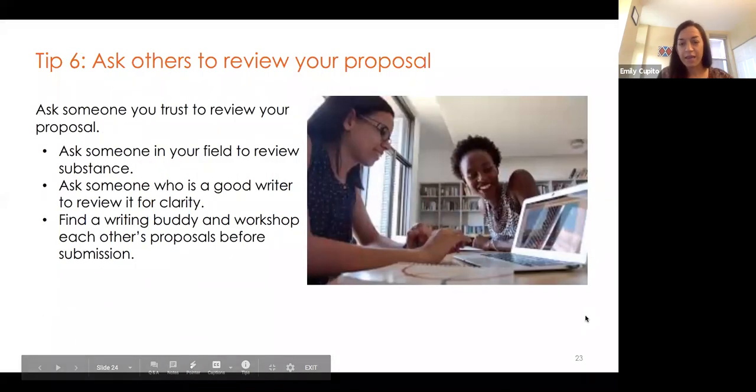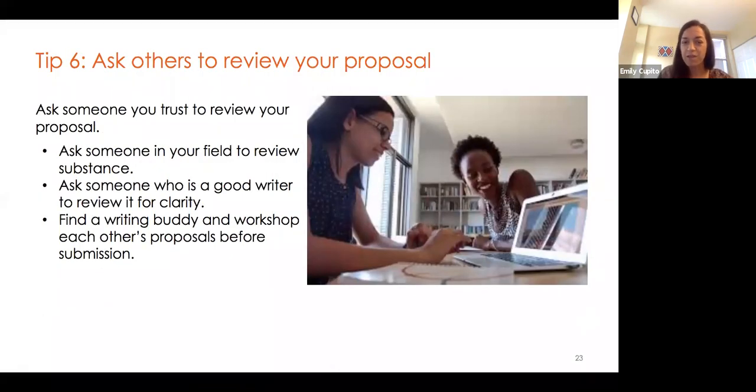And finally, I can't emphasize this enough, but I recommend that you ask someone else to review your proposal. Ask someone that you trust, someone that you know to be a good writer. You can ask people in your field to review for substance, and especially you could ask, how well am I citing this related literature? How well do you think that my idea adds to that literature, and so on.